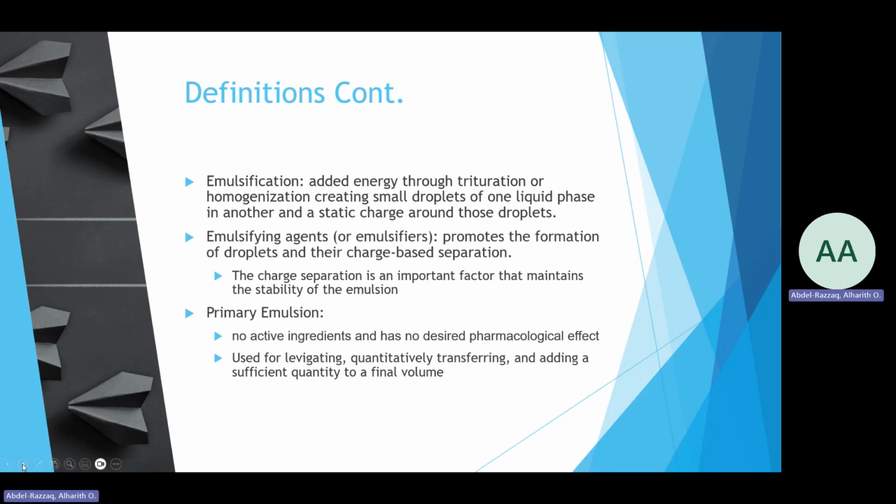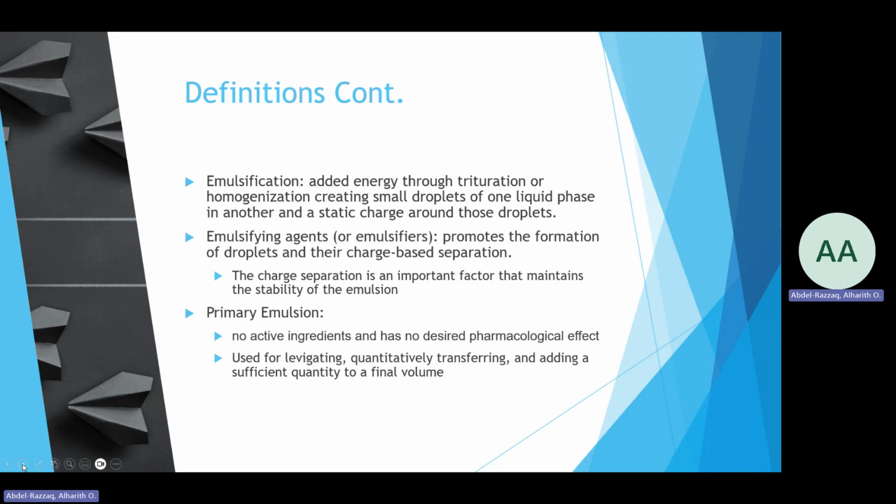As far as other definitions to remember throughout this presentation. So emulsification is with added energy through trituration or homogenization. We create small droplets of one liquid phase in another, and a static charge is formed around those droplets.